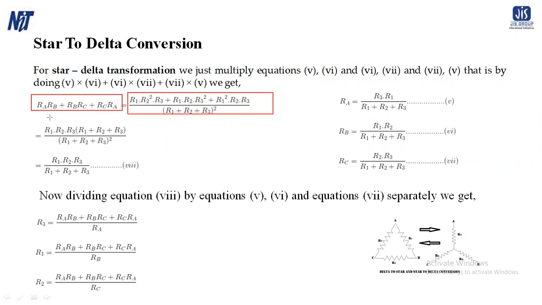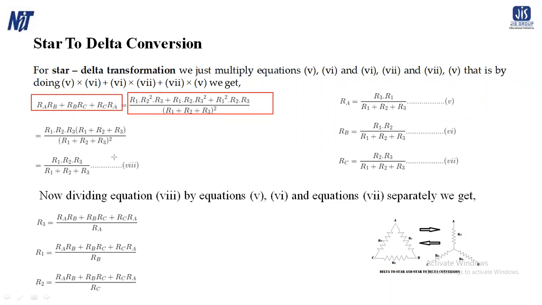Now the common part is R1 R2 R3 into R1 plus R2 plus R3 divided by R1 plus R2 plus R3 whole squared. So this will be R1 R2 R3 by R1 plus R2 plus R3, because RA equals R3 R1 divided by R1 plus R2 plus R3, RB equals R1 R2 divided by R1 plus R2 plus R3, RC equals R2 into R3 divided by R1 plus R2 plus R3.